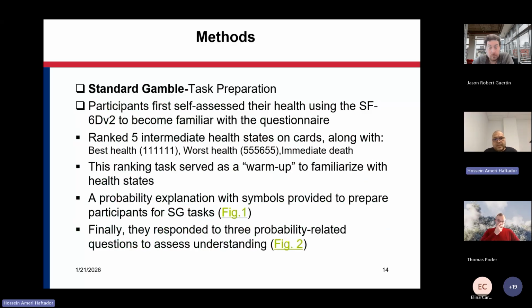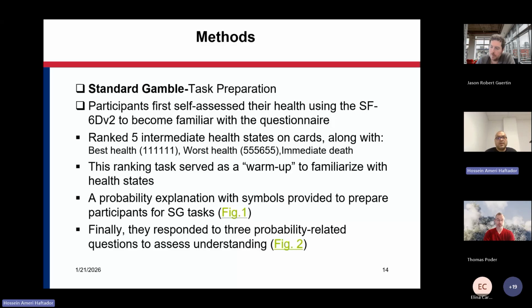We did a standard gamble based on the protocol provided by Sheffield University. A standard gamble is a bit difficult, so we did several steps before the standard gamble task. We asked participants to complete the SF6D version 2 questionnaire to become familiar with it.